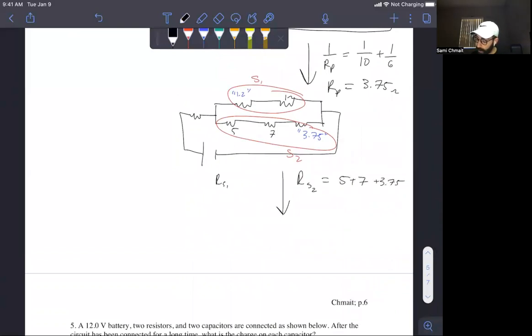And for RS1, it's 1.2 plus 1, so that equals 2.2. And that equals, what's that? 13, 16, 75. Wait, 15.75. Did I do that right? No, wait. My key is wrong.